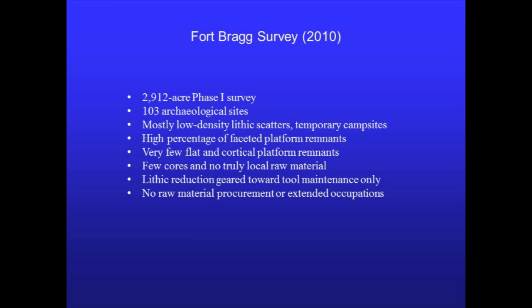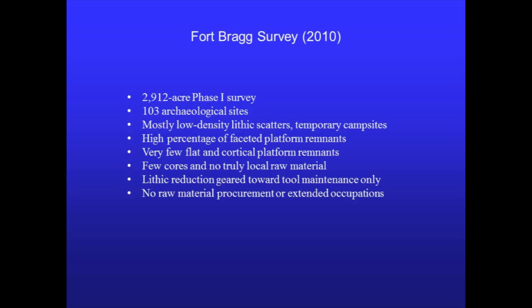The next one is a big survey that we did at Fort Bragg. It was a 2,900 acre survey. It had 103 sites, most of which were these low density lithic scatters that we always get, probably Archaic temporary campsites. The entire project, even with 103 sites, recovered only 1,004 pieces of debitage, which is very low.